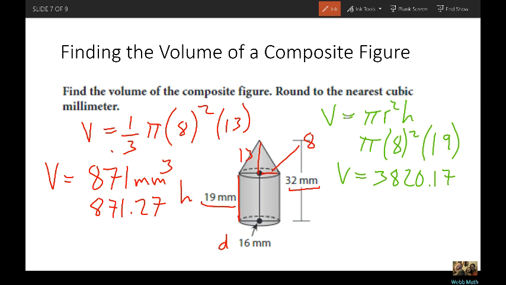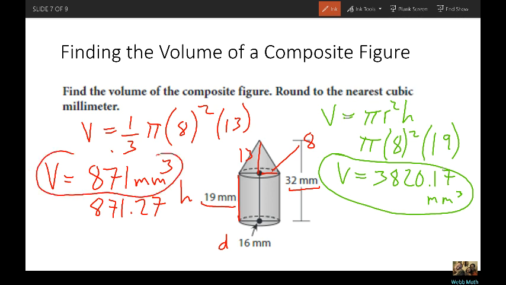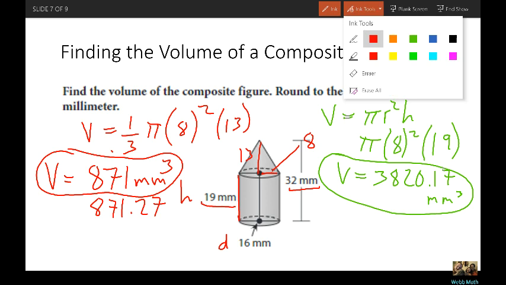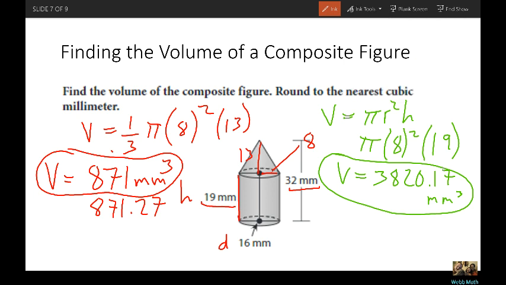And so we're going to add them up. This is cubic millimeters, apologies. We're going to add up the cylinder with the cone. If we add those up together, you should get a total volume of 4,691.